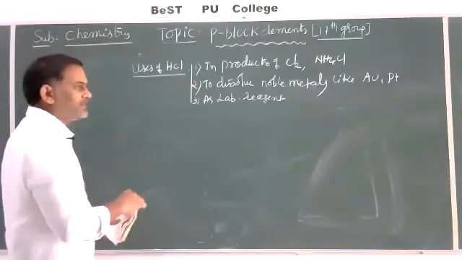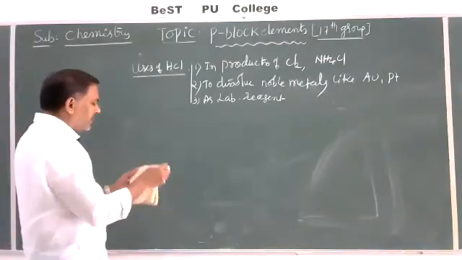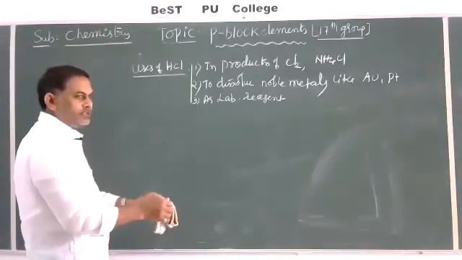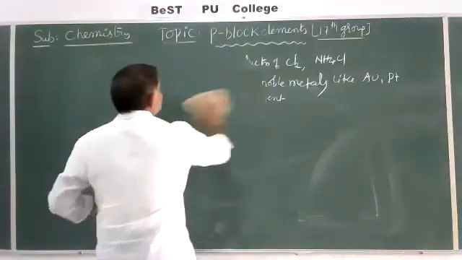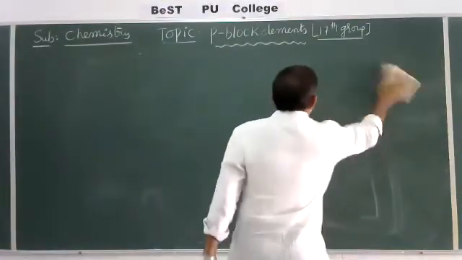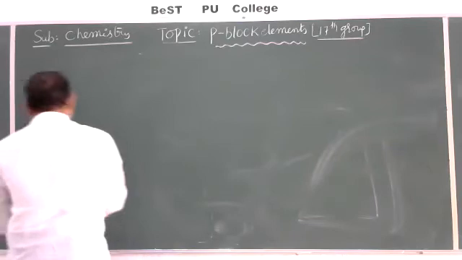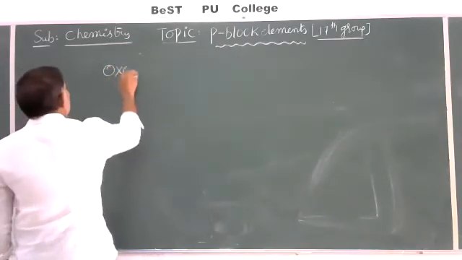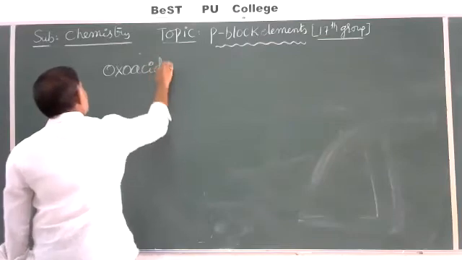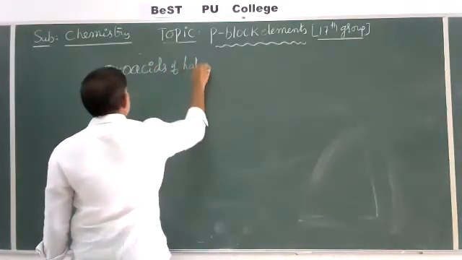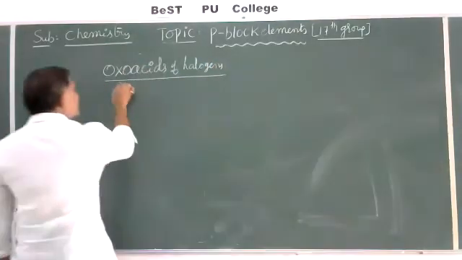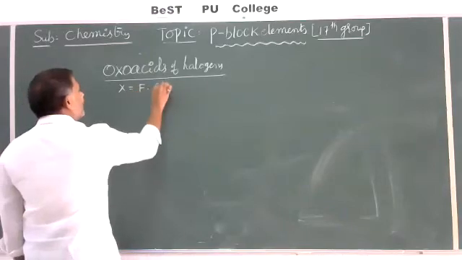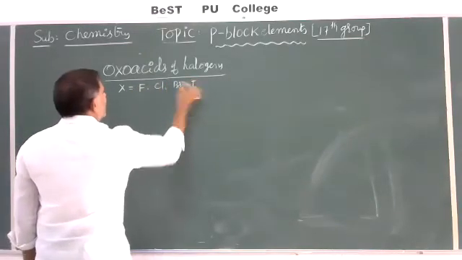The next, last but one concept is oxo acids of halogens. The halogens, as we know, are fluorine, chlorine, bromine, iodine.